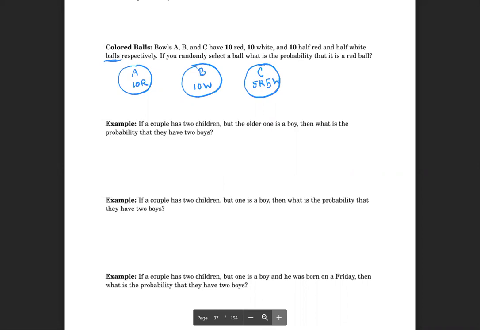So this is a completely random situation. One of them has 10 red, one has 10 white, and the other has 5 red and 5 white balls. What is the probability that you randomly select a ball that is red?